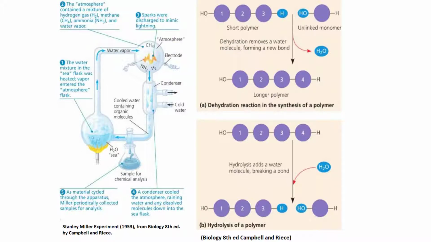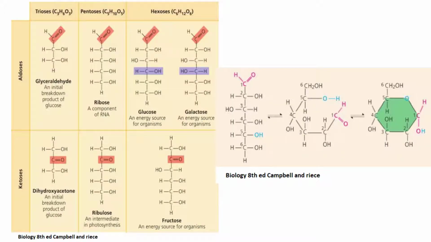Okay. Next, yeah. So we have sugars that may either be aldose or ketose, depending on the location of the carbonyl group, and classified according to the length of their carbon backbone. The spatial arrangement around asymmetric carbons is known as the third point of variation. Chemical equilibrium between linear and ring formation favors the formation of rings.